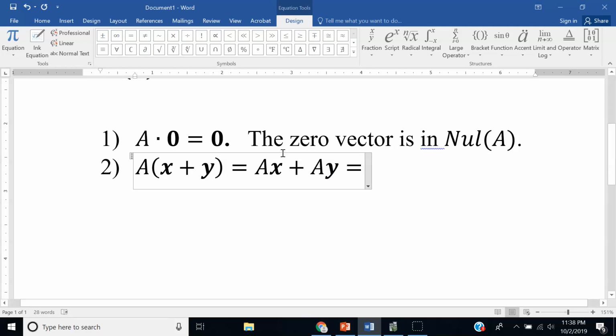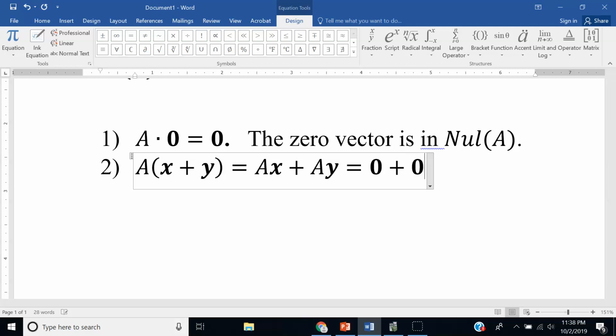Now, since x was in the null space, A times x is 0, specifically the zero vector. And since y is in the null space, A times y also has to give us the zero vector. Anytime you add two zero vectors, you get the zero vector.